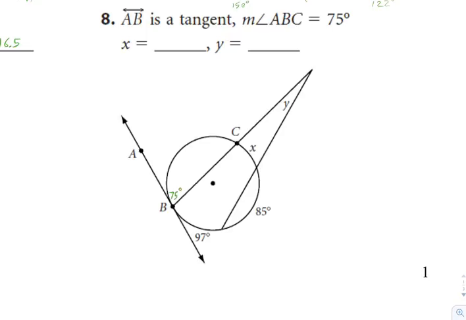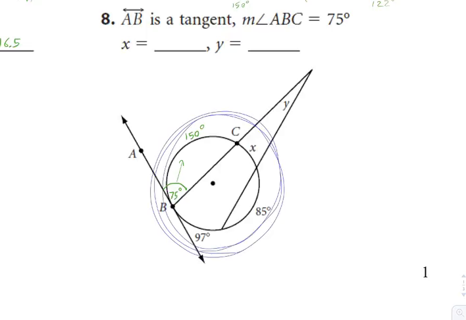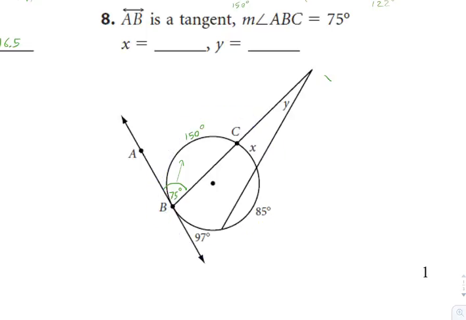Okay, so let's start. Well, right away I see an inscribed angle. The 75 degrees times 2 opens up to a 150 degree arc. And now my second trick, right after inscribed angles, trick number 2, we got 360 degrees, so we can find X. And so we say X is equal to 360 minus 85 minus 97 minus 150.